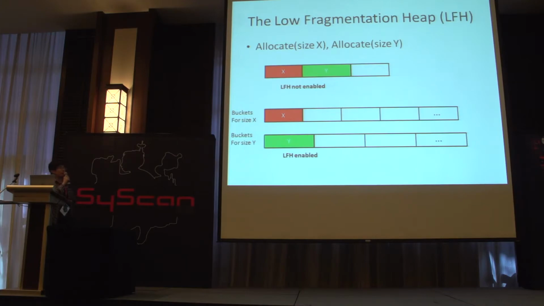For example, if we allocate two objects with sizes x and y, where x and y are not equal, when LFH is not enabled, the two objects might be allocated near each other. And if LFH allocation for sizes x and y is enabled, they will be allocated in their corresponding buckets. And basically, they are not allocated together.